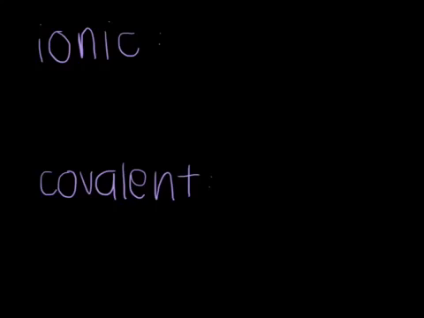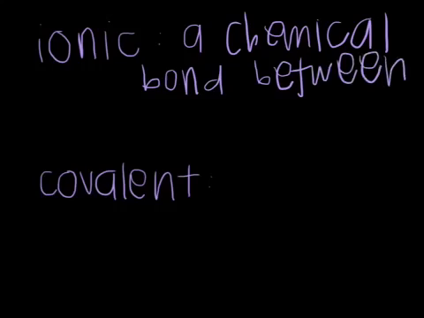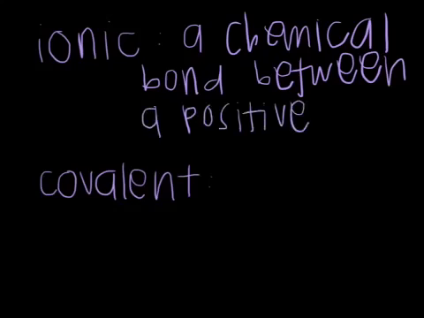Some forces we may know already between molecules are ionic forces and covalent forces, or rather ionic bonds and covalent bonds. An ionic bond is a chemical bond that is formed between a positive ion and a negative ion.